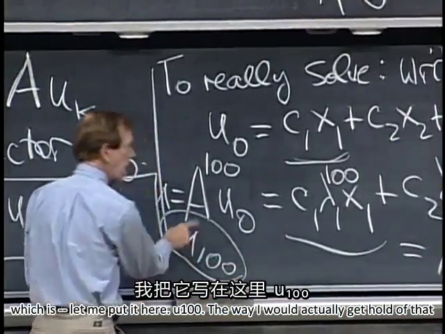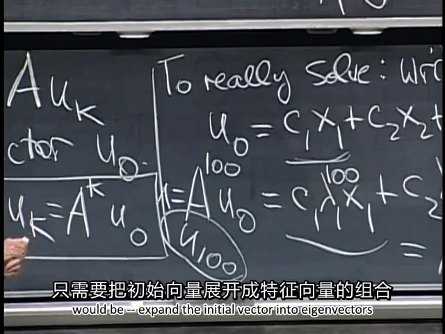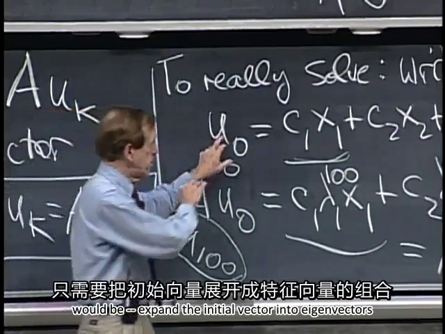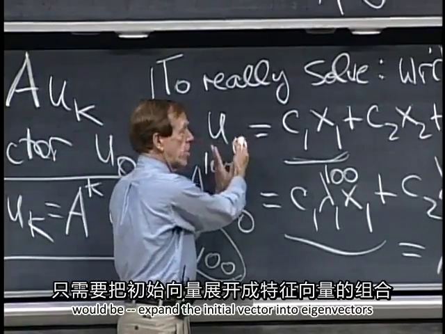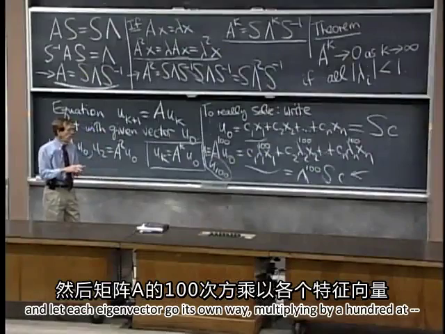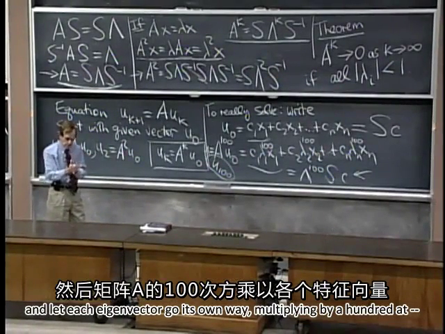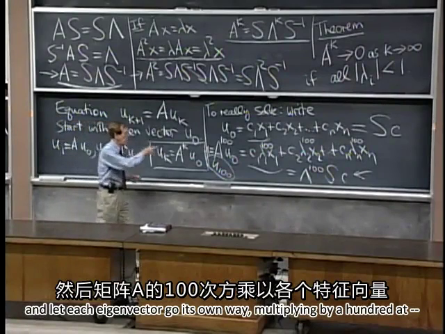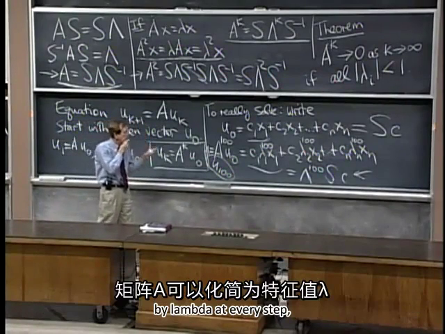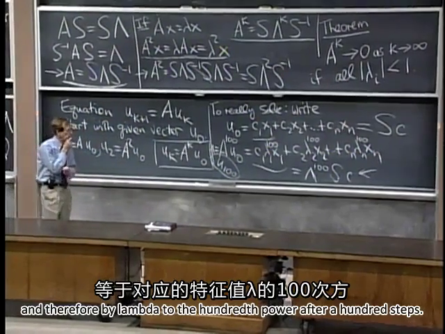The way I would actually see what the solution is after 100 steps would be to expand the initial vector into eigenvectors and let each eigenvector go its own way, multiplying by lambda at every step, and therefore by lambda to the 100th power after 100 steps.